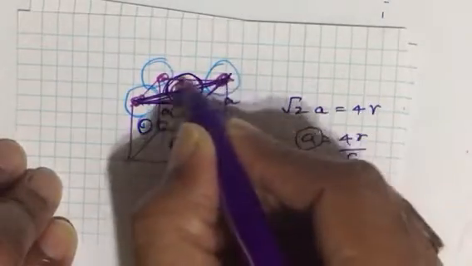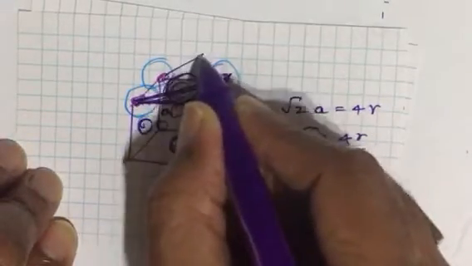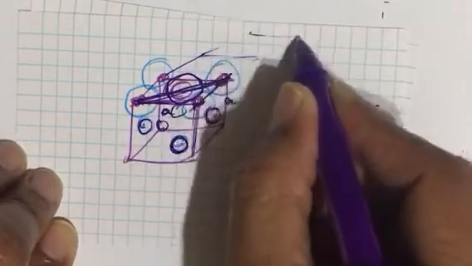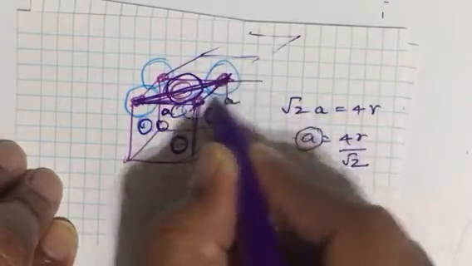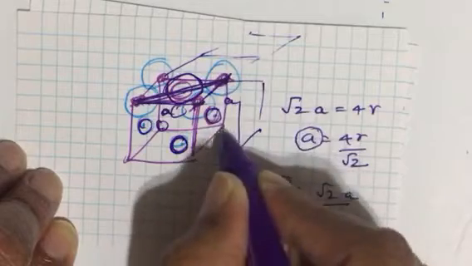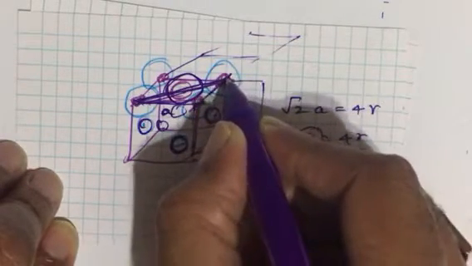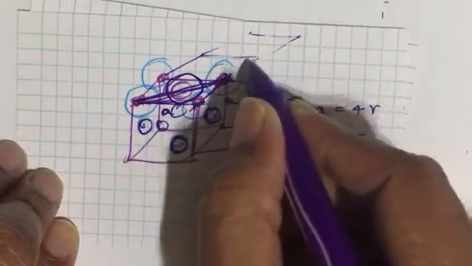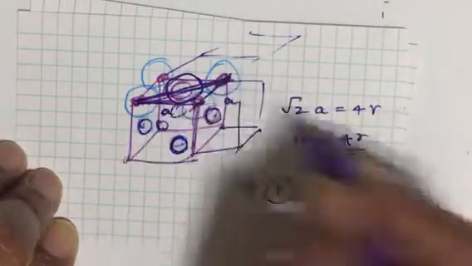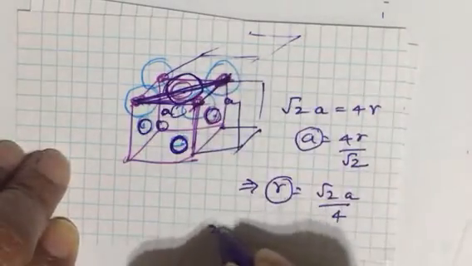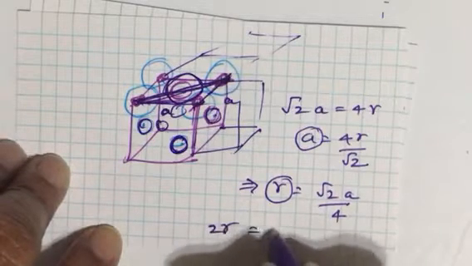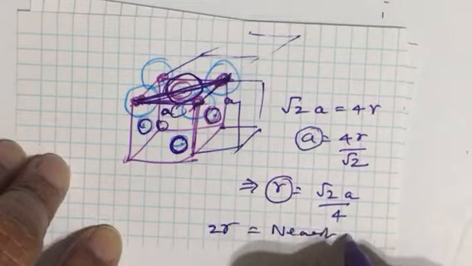Now in this array, it continues to have millions of unit cells like this. In this arrangement, one can see the nearest neighbor distance to this particle. The nearest neighbor distance to this particle, anywhere you can see, is double the radius. 2r is always the nearest neighbor distance.